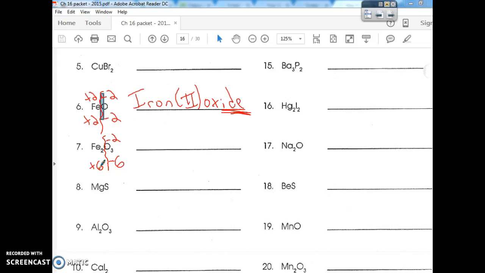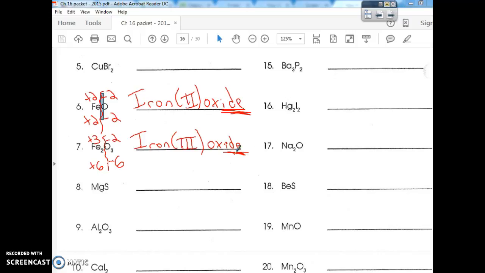Now, there are 2 irons giving you a total of +6, so that means each iron gives you a +3, right? Because each one is supplying +3, so overall, since there's 2 of them, you get a +6. So now this one is iron 3 oxide, again ending in IDE.